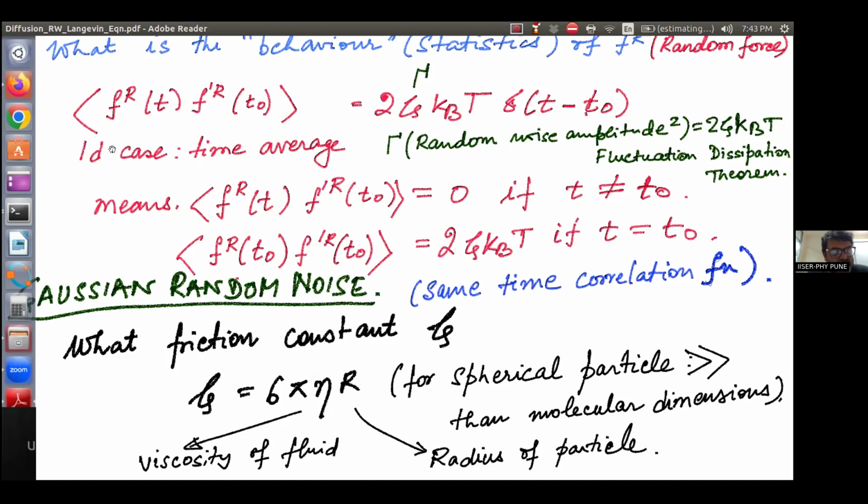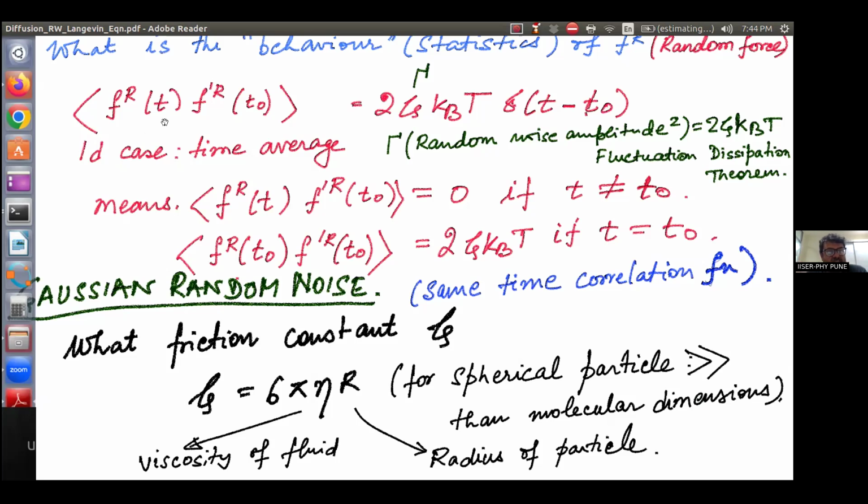Let's take the 1D case. When you calculate this time average, you are doing it at the millisecond or microsecond range, or one second, through which there have been multiple collisions, right? You're not doing a time average of 10 to the minus 10 seconds. You're really taking a time average of milliseconds.